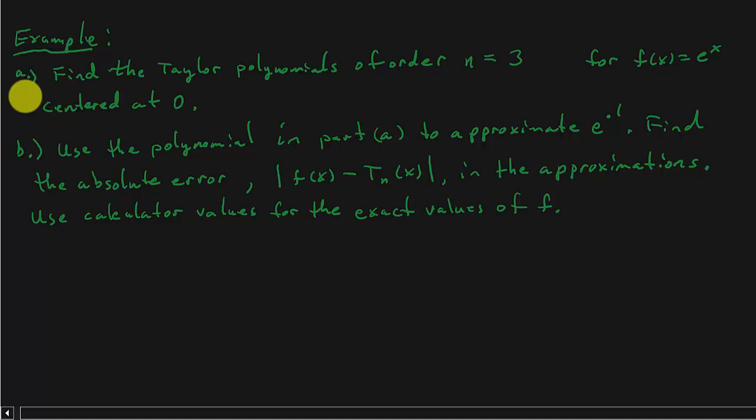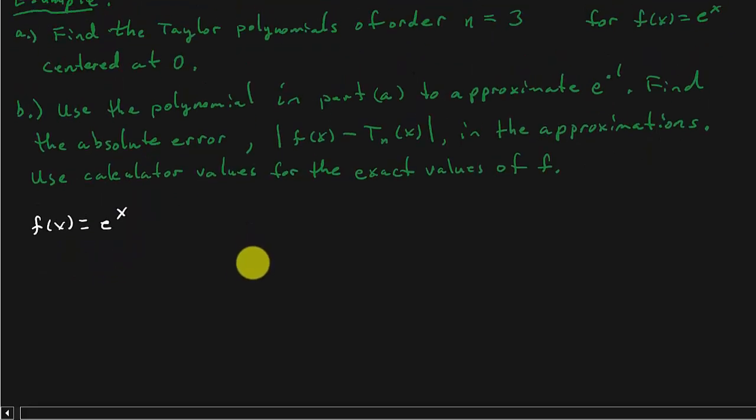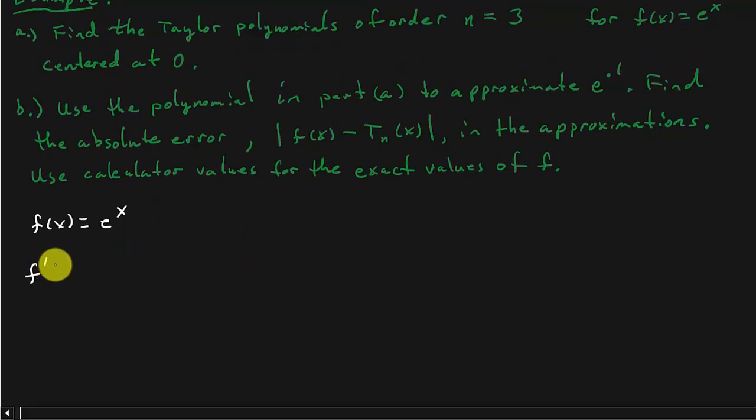All right. So I need n equals 3. So I'm looking for the t sub 3. So I need all the way to the third derivative. So I have f of x is equal to e to the x. And then, well, this one's easy because the derivatives are all just e to the x.